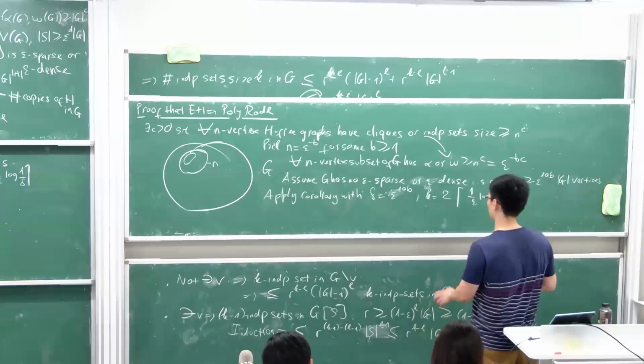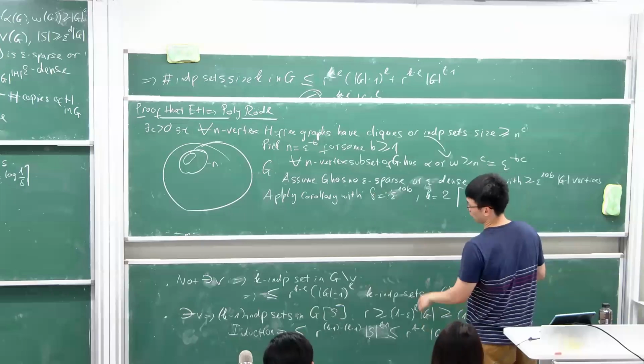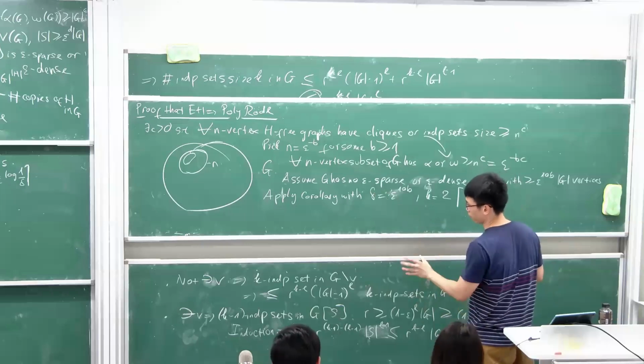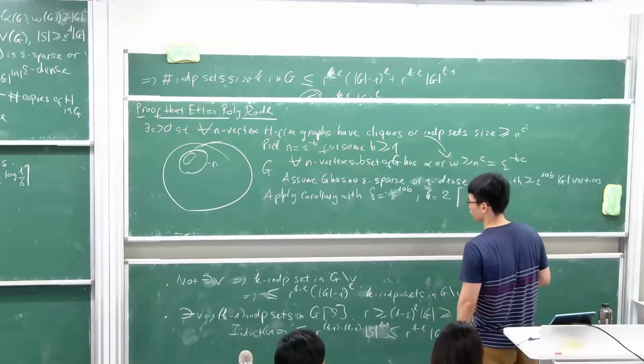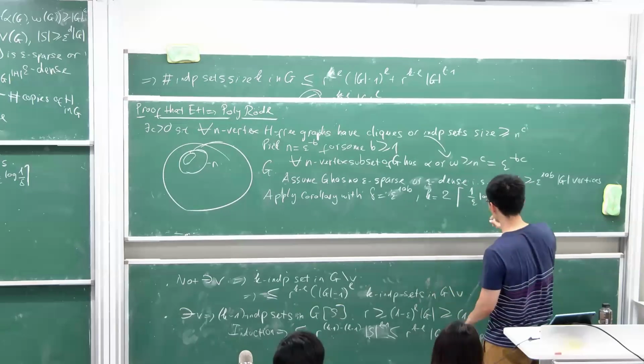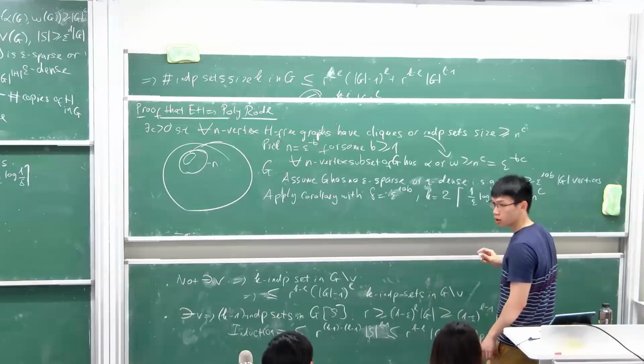At the same time, I may assume that epsilon is a very small variable, much smaller than some very small constant depending on H. So this k is supposed to be much less than n to the c.